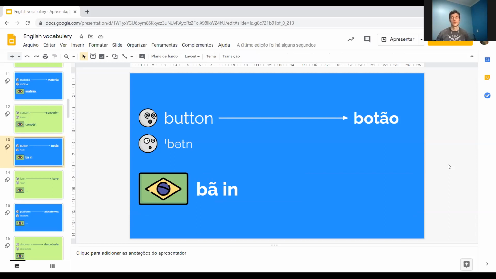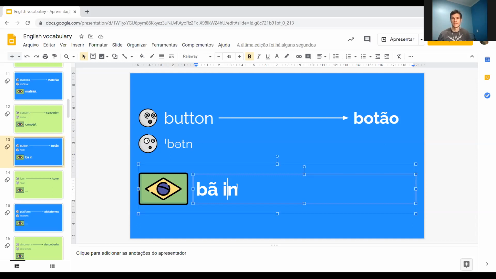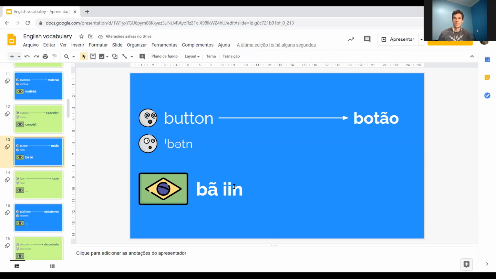Okay, so what I think about the Portuguese pronunciation is the I is like a long E, you know? Well, if you write an I in Portuguese, the sound is E, right? Yeah. But in this word, it's not an E, it's an I.